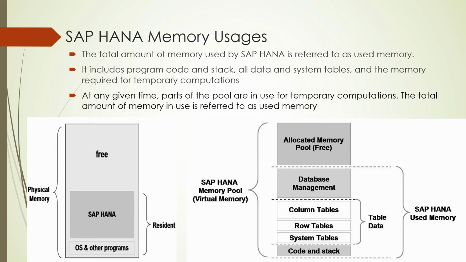What are the contents? We'll see that. The total amount of memory used by SAP HANA is referred to as the HANA used memory. That is all the processes, all the core processes; the memory utilization by those is called used memory.